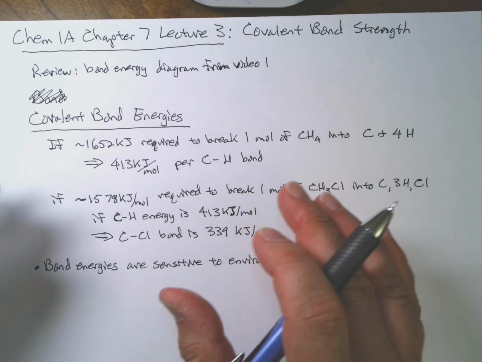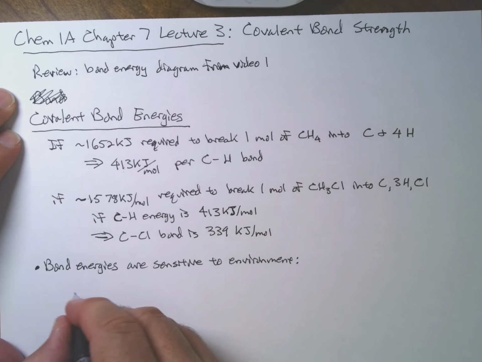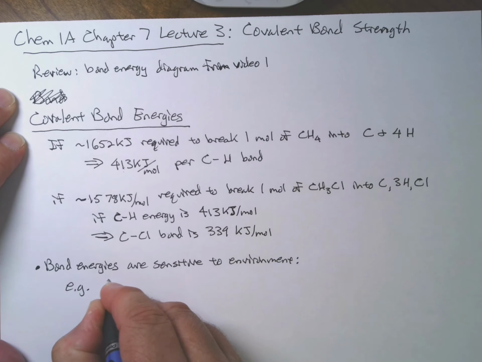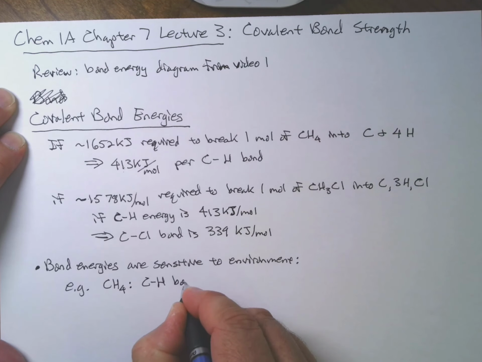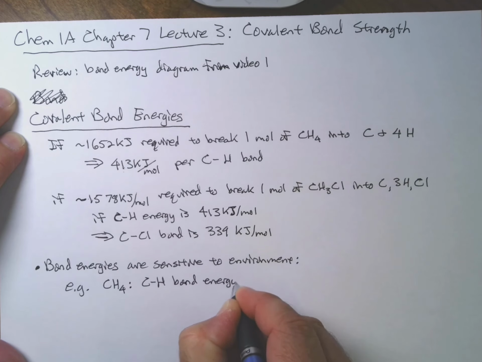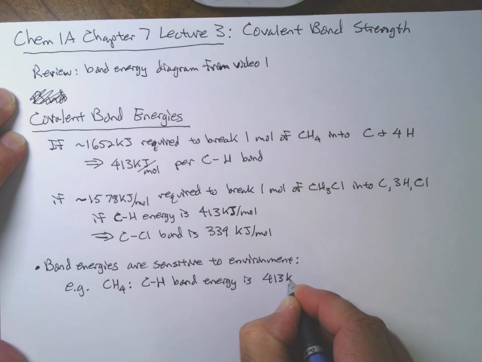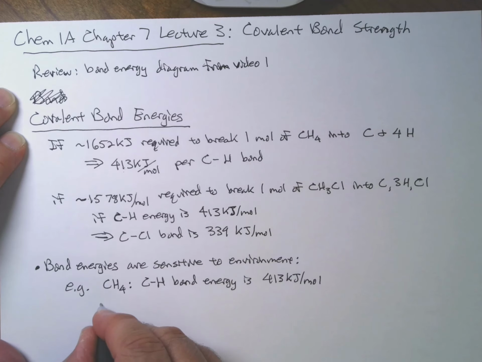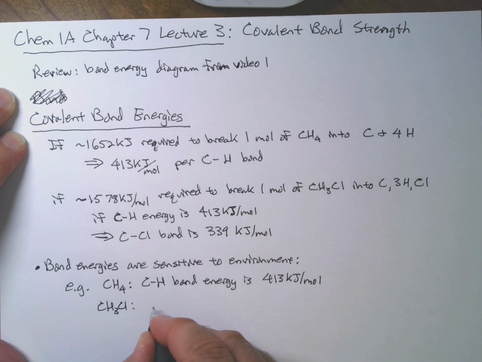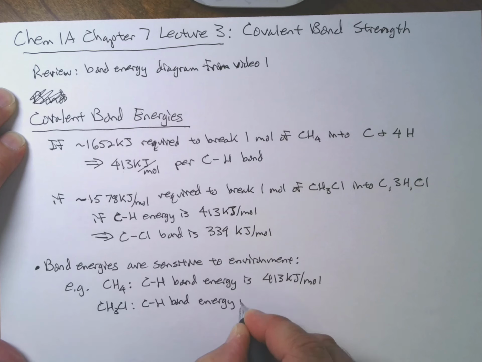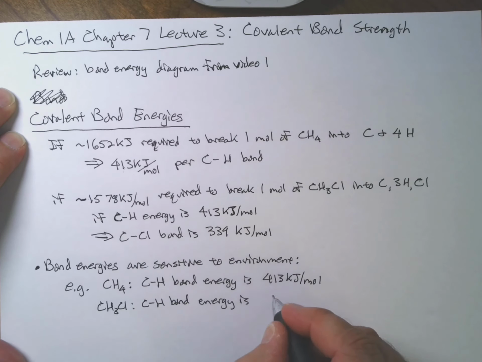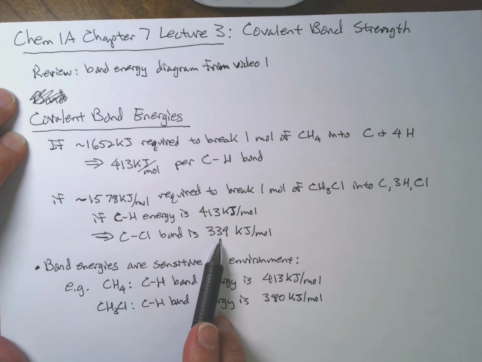For example, in CH4 the CH bond energy is 413 kilojoules per mole. But in CH3Cl, our CH bond energy is not actually 413, it's 380 kilojoules per mole, because it turns out our CCl bond is not actually 339.